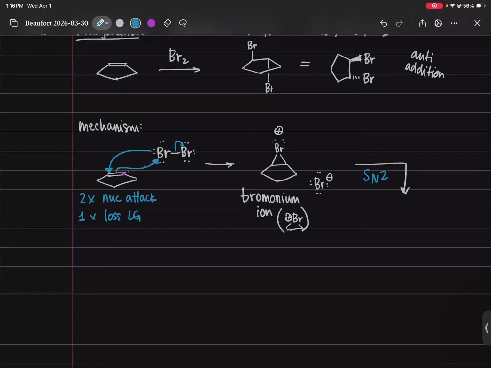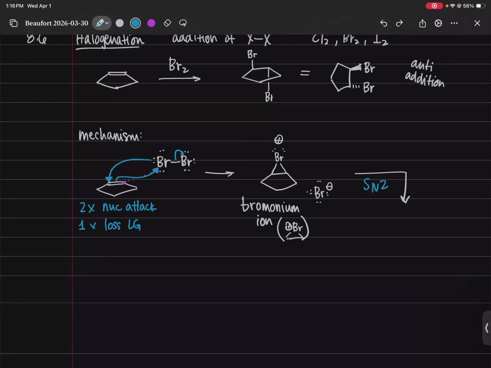And the electrophile is, doesn't really look like it, but an alkyl halide. This carbon-bromine bond, we can consider just like an alkyl halide. And so the floating bromine attacks from the opposite side that the bromonium bromine is on. And then we have loss of a leaving group.